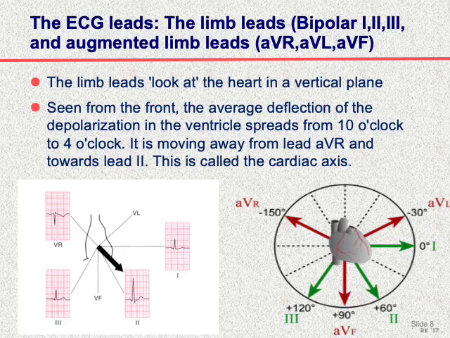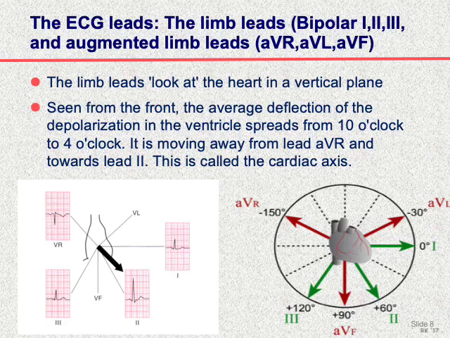AVF is exactly down 90 degrees, perpendicular to lead 1. Lead AVR is minus 150, this is towards the right atrium, and lead AVL is minus 30. So we are measuring the patient in front of us. This is the head, this is the legs. So we have 6 different leads looking at the heart from different directions in the frontal plane.